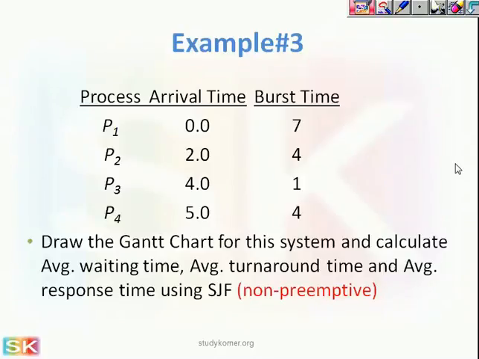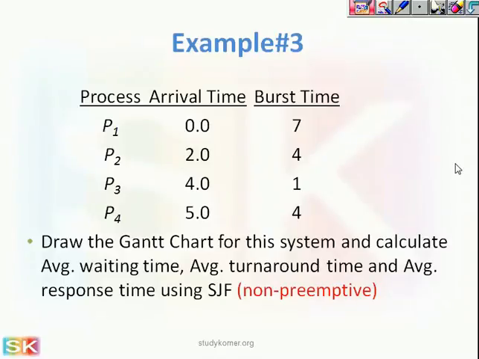Fine. Then it is asking to draw the Gantt chart for this system and calculate average waiting time, average turnaround time, and average response time using the SJF non-preemptive scheme, right?